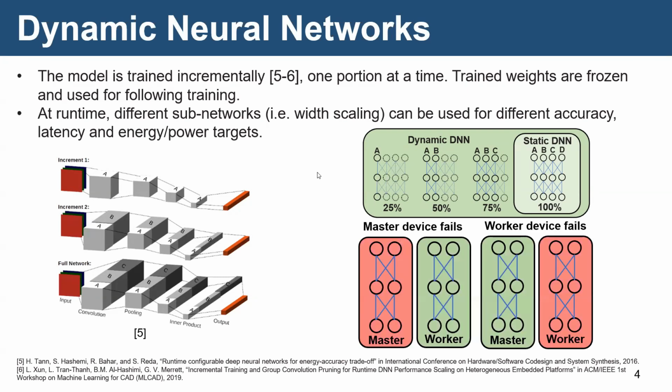Now, if we look at the device failure again, when the master device fails, the worker device will also fail, because these dynamic models are trained incrementally, meaning the bigger subnetworks or full network always rely on the bottom weights, the smaller subnetworks.